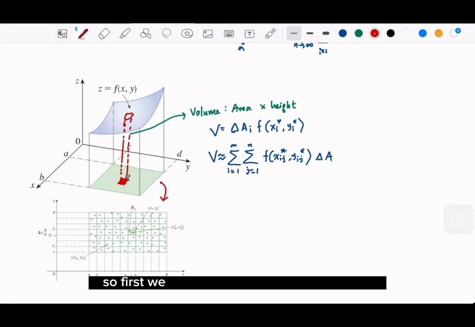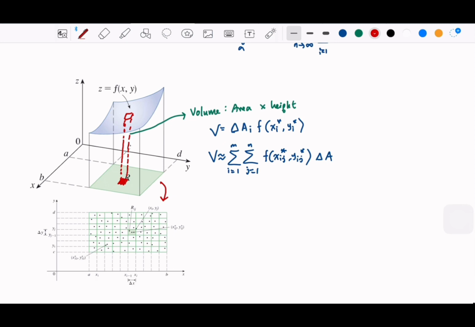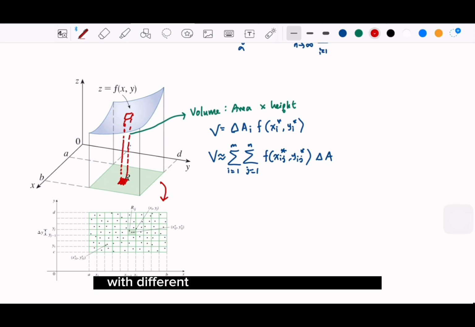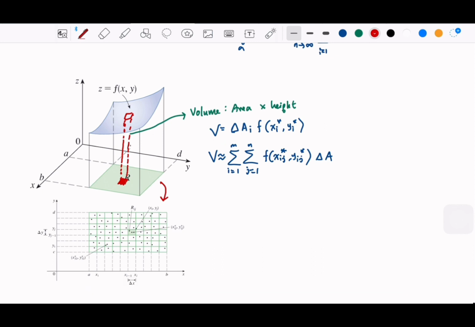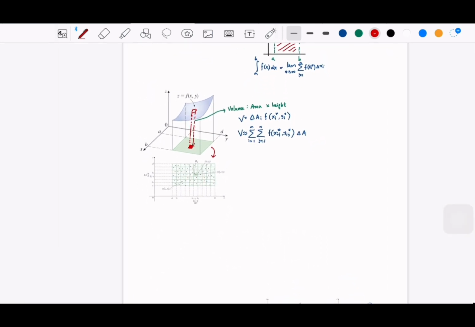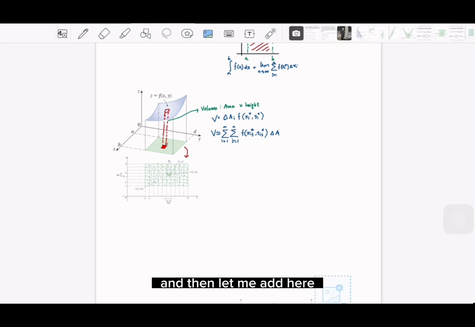So first we approach a single one, and then we have another one here with different x and y, different coordinates as we see from the projection here, and we add all together by this notation of the sum, sigma notation.